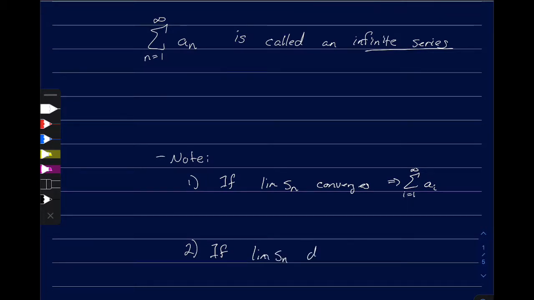And if the limit of our partial sums diverges, then so does the sum as i ranges from 1 to infinity of a sub i.